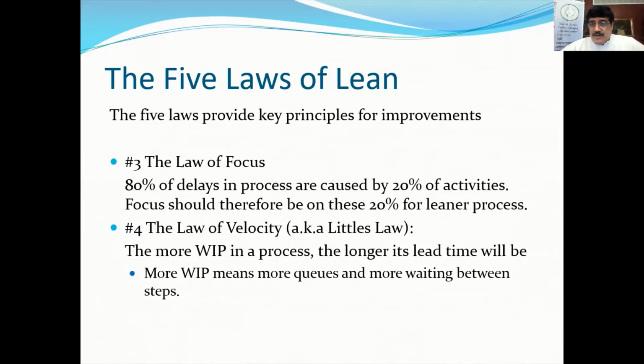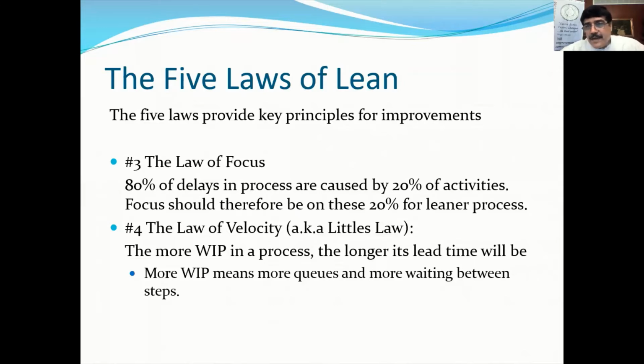Law number 4 is the law of velocity, AKA, also known as, Little's law. And this is what it is: the more work in a process, the longer its lead time will be. That's just the way it is. Some people, when they go to a restaurant and see it is very busy, think it is for sure a successful place.